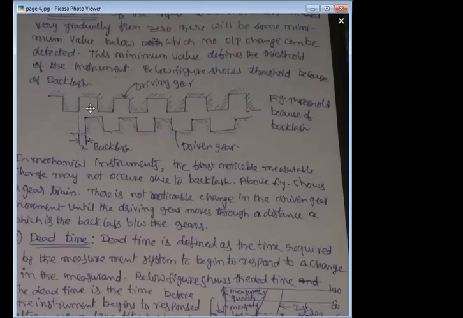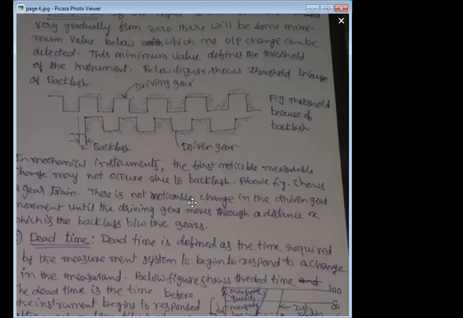Until this driving gear moves this much distance, we don't have any movement in the driven gear. This much is called backlash. Backlash is observed in the gear system. Whenever the driving gear moves a distance x, the backlash amount, the gears will be engaged with the driven gear. Then only the driving gear will drive the driven gear and rotate the further attached movable devices.